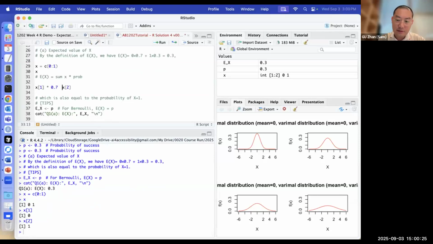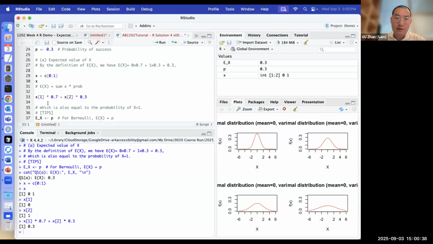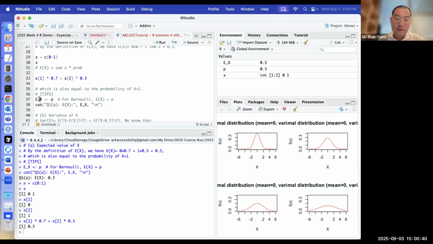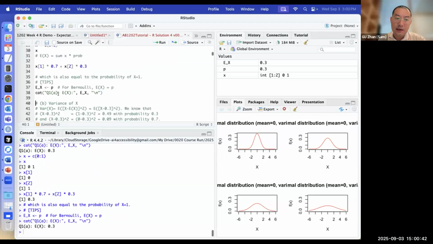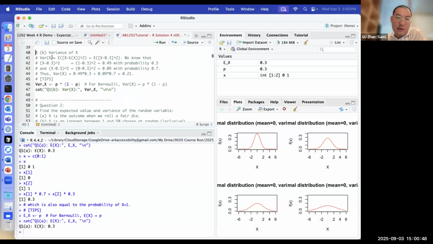Then plus X2 equals 1 times 0.3, which is the probability. So you got 0.3. So your expected value is equal to the p-value, the probability of X equal to 1. So it is 0.3. Next we look at the variance.